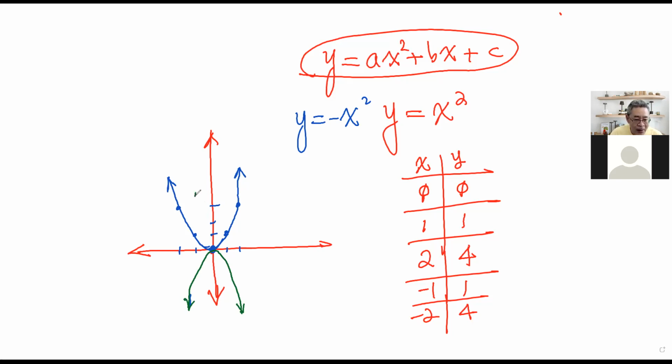This is called concave up. This is called concave down. As long as the leading coefficient A is positive, it's always concave up. And if A is negative, it's always concave down. Good?